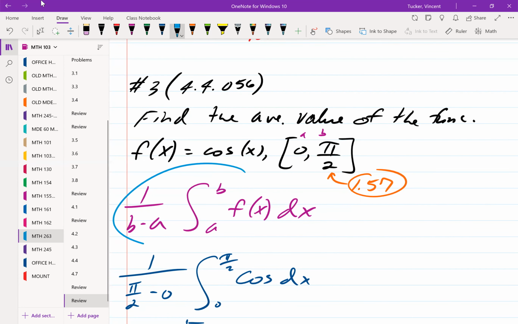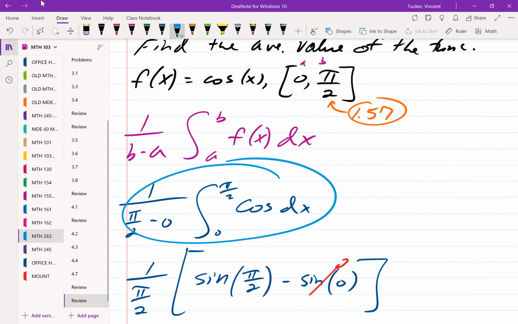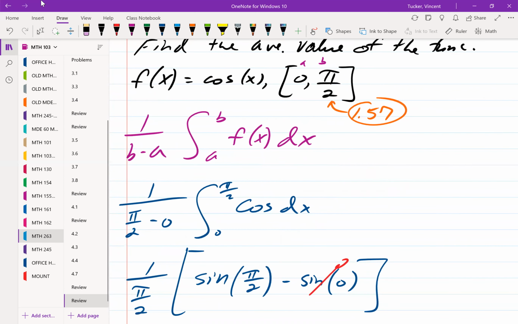And so the average value formula is 1 over b minus a times the integral of f of x from a to b. So that's what I did right here. A is 0, b is pi over 2, and we want to take the integral of cosine, which is sine.